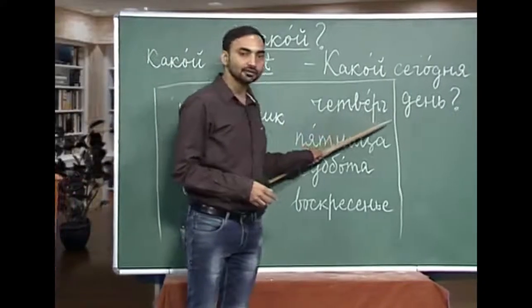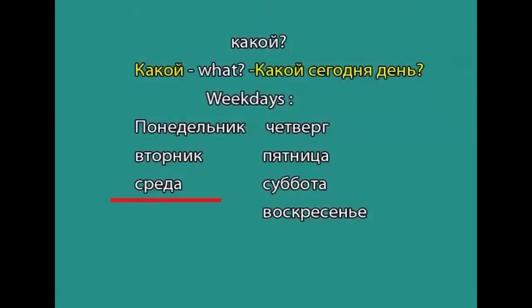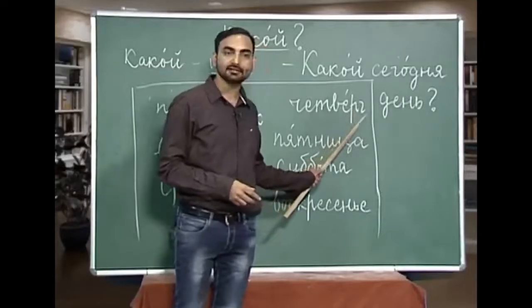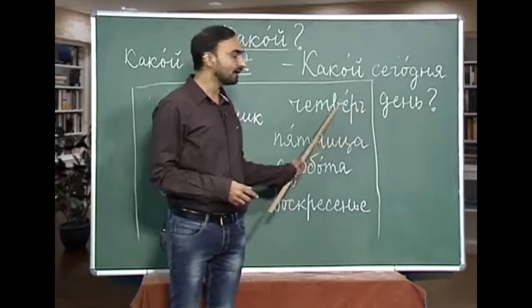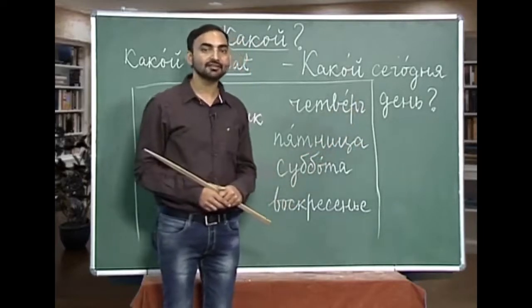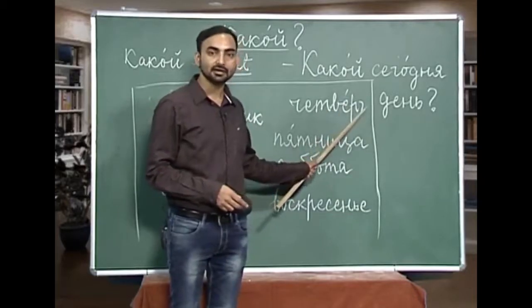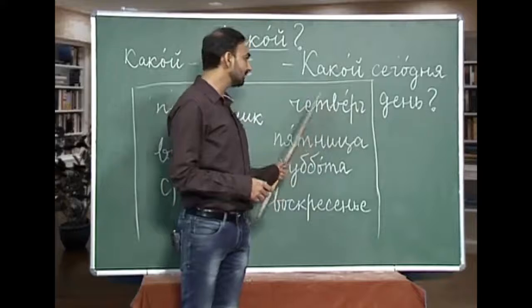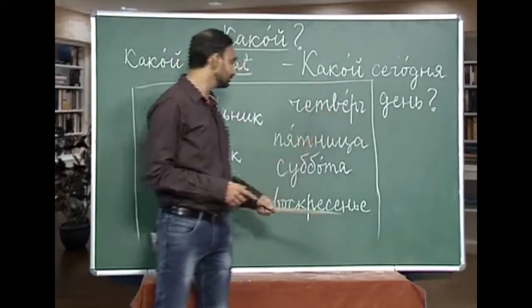Now comes the fourth day of the week, which is chetverg, Ch, ye, T, V, ye, R and G. Again this G is coming at the end, which is a voiced consonant. When a voiced consonant comes in the end, it is pronounced as its voiceless counterpart. The voiceless counterpart of G is K, chetverk. Chetverg is Thursday, fourth day of the week.